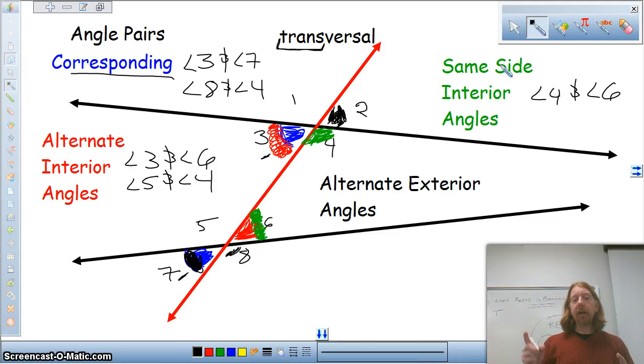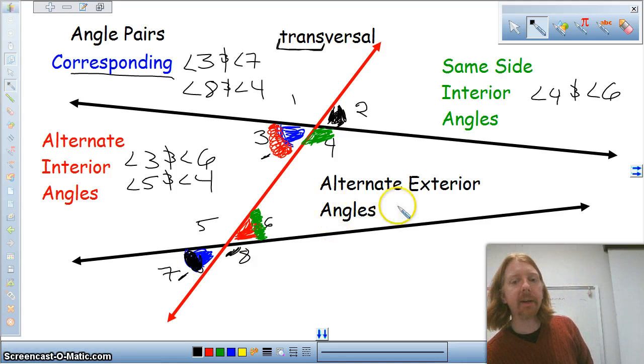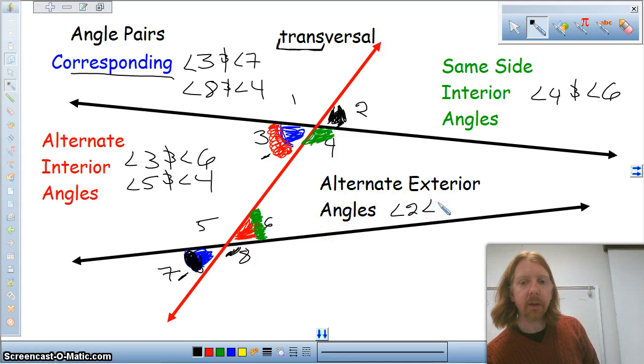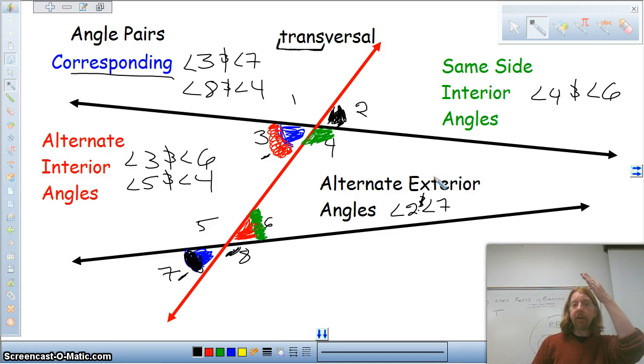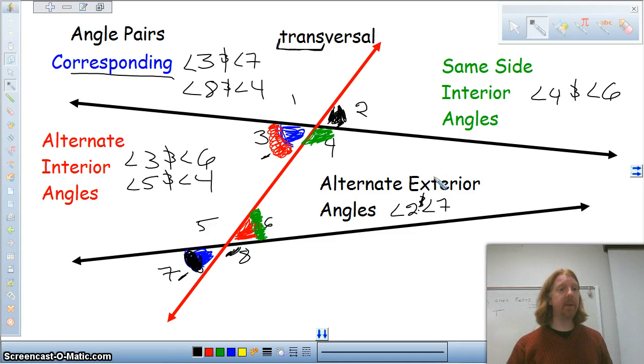Again, they're on opposite sides of the transversal, and they're both in the exterior. Angle 2, angle 7 will be those. So we've got these pairs of angles we're working with. Wherever I take two lines and draw a third line through them, I create these pairs of angles.